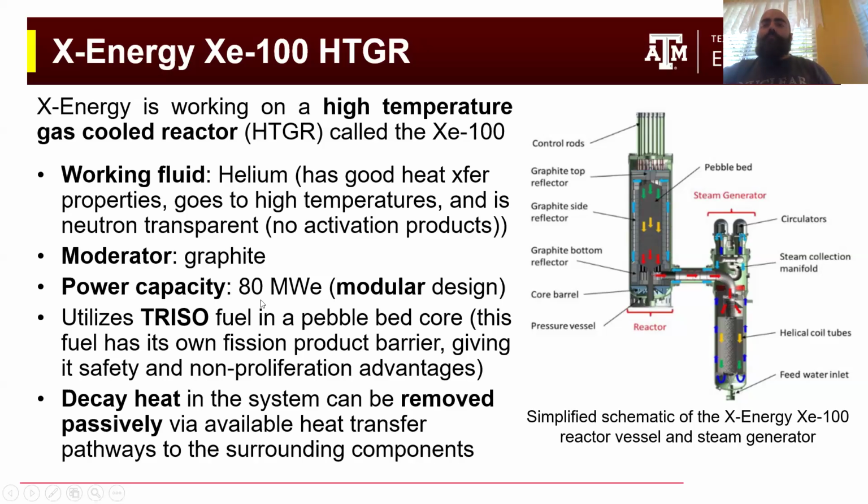TRISO is a kind of fuel that people are really interested in because all of those different layers give the fuel its own fission product barrier. That means that those layers would contain any of the fission products formed from the fission reaction in the very center of the fuel. And that means it becomes a lot harder for those fission products to leak out, which is a good thing in terms of radiation safety.